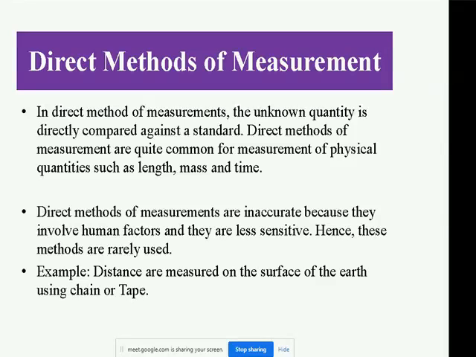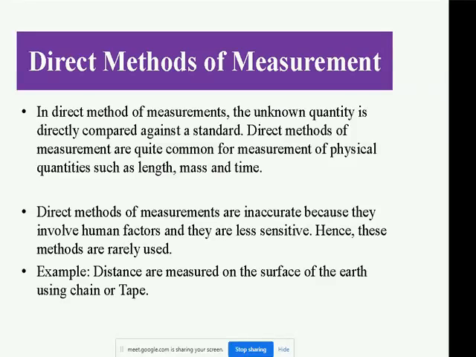And these measurements are quite common for measuring physical quantities such as length, mass and time. So direct measurements are generally used for length, mass and time, but to measure electric current it is not possible, because with human calculation it is not possible, as the amount of charge is not visible to us.